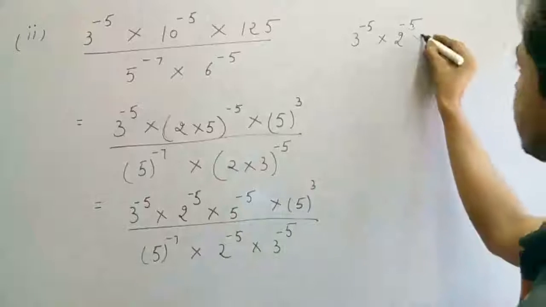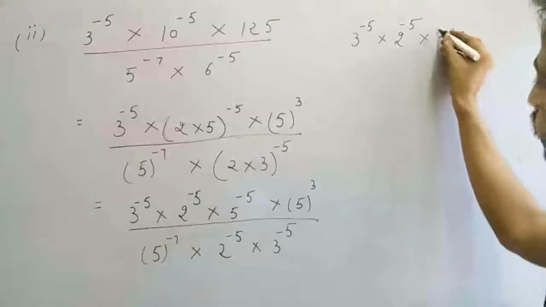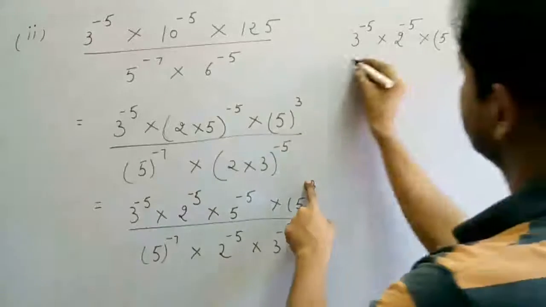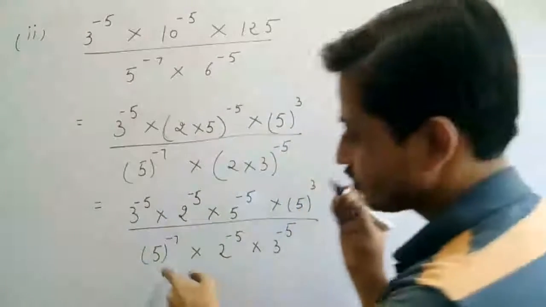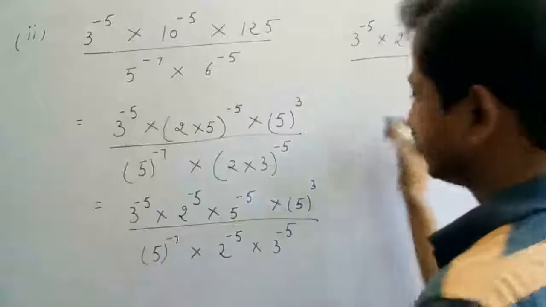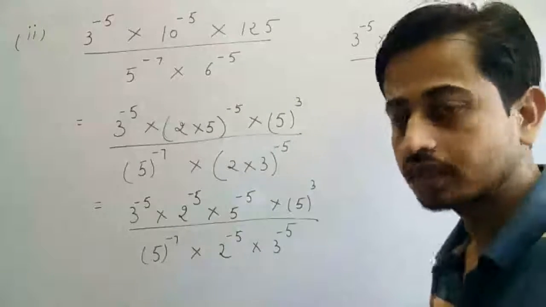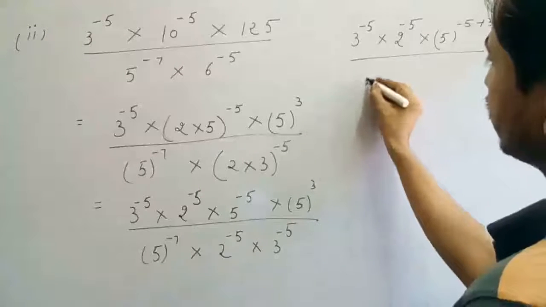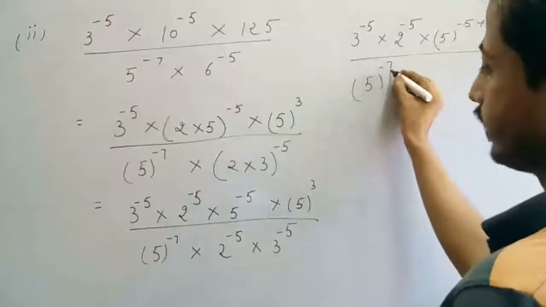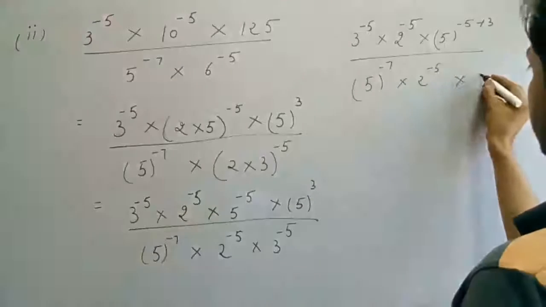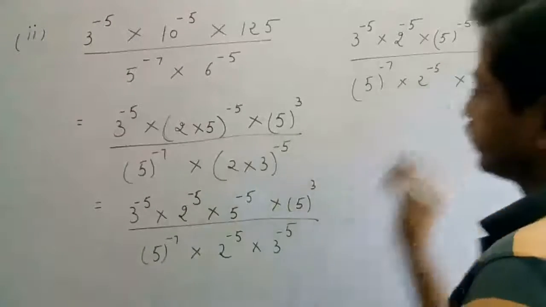So what's the result? 5 raised to the power minus 5 plus 3. Same here, there is no other term for 5, 2 or 3, so we write all the terms as they are: 5 raised to the power negative 7, 2 raised to the power negative 5, 3 raised to the power negative 5.